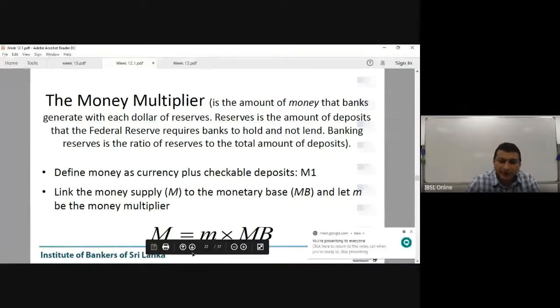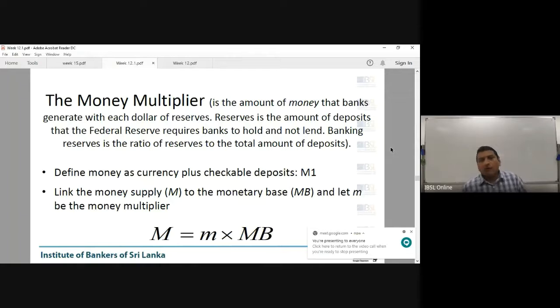Right. So you see here, now we are heading towards a slightly more detailed form of the money supply process by analyzing the so-called money multiplier.